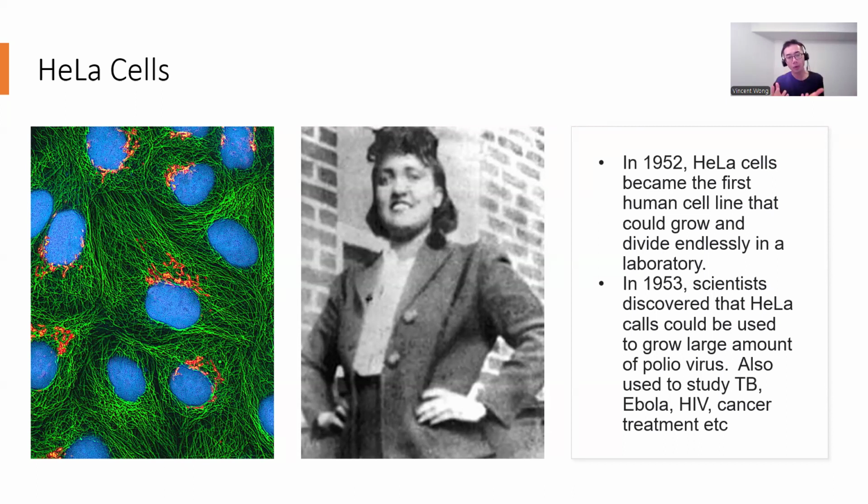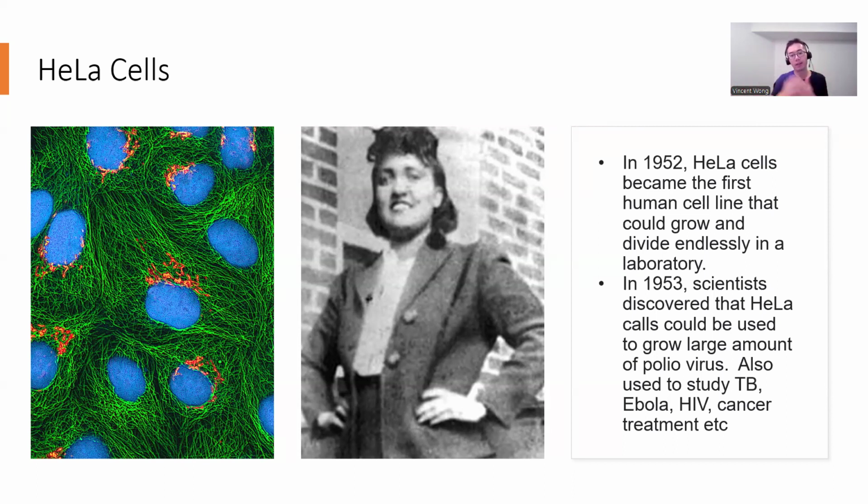And they found out, to their surprise, they were able to keep on growing these cancer cells for a very, very long time. They keep on dividing endlessly as long as you give them nutrients. If they get too crowded, you can put them in a new plate, and they would just keep going. Normal cells don't do that.